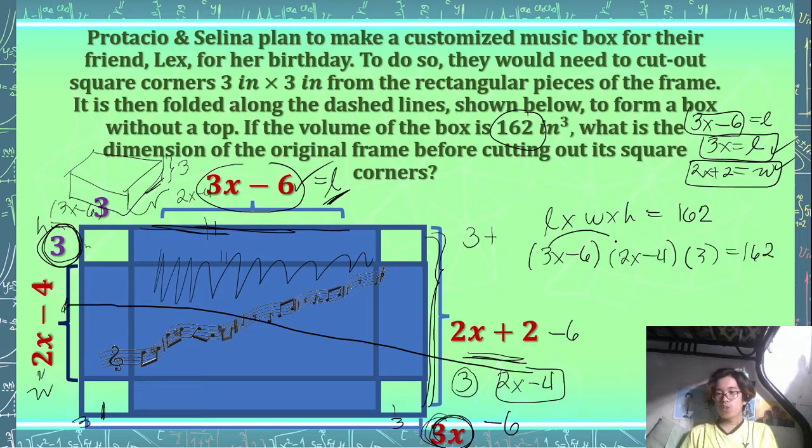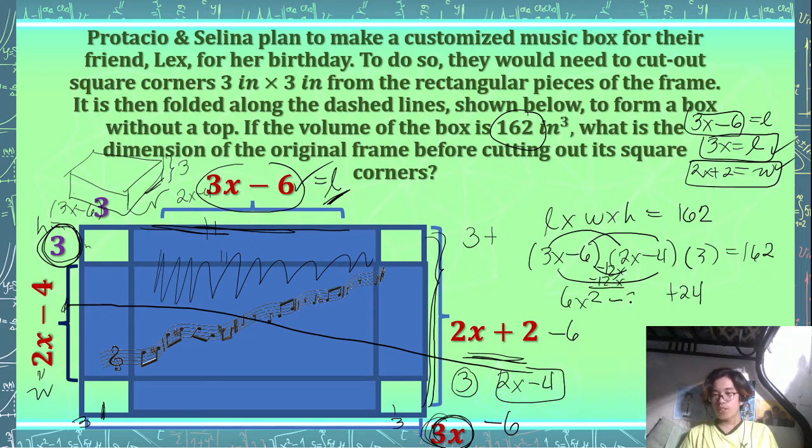Using the FOIL method, we can multiply this binomial, or the two terms that we have here. What's 3x times 2x? That should give us 6x squared. And what's negative 6 times negative 4? That should give us positive 24. Then we have negative 6 times 2x, so that's negative 12x, and negative 4 times 3x, so that's also going to give us negative 12x.